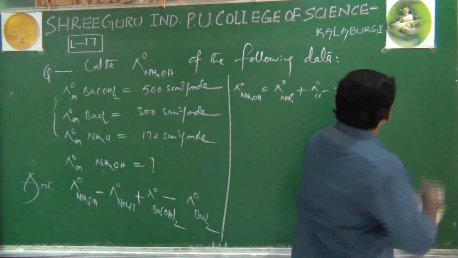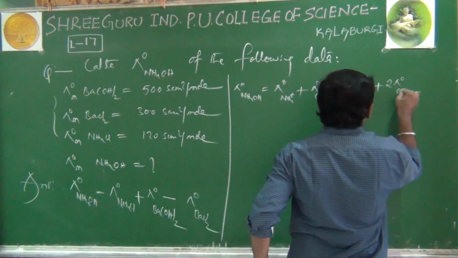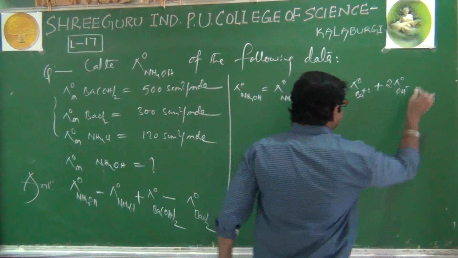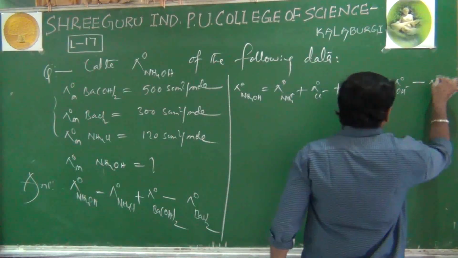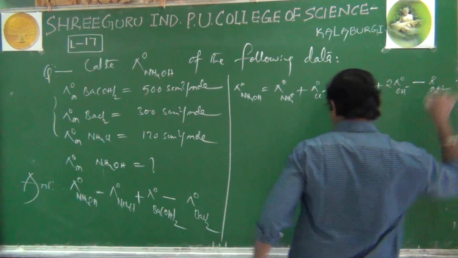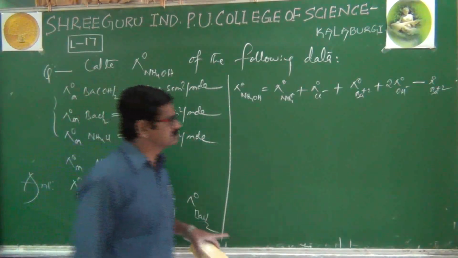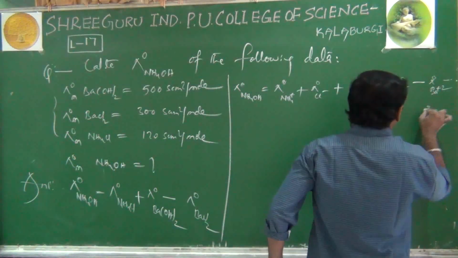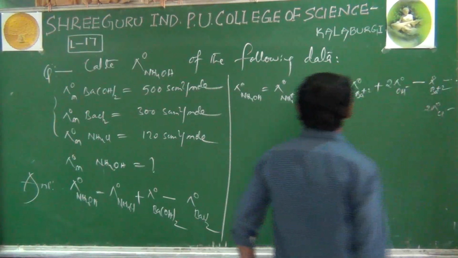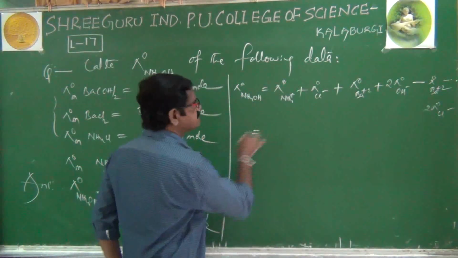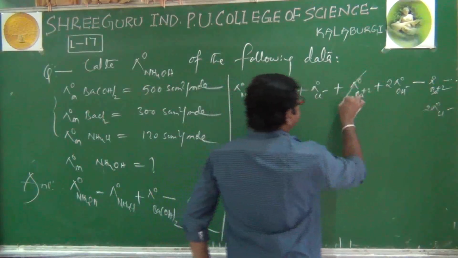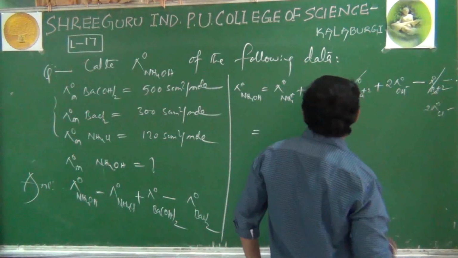Therefore, we write 2 into lambda naught OH minus, again minus lambda naught Ba 2 plus. How does it split? Ba 2 plus and 2 Cl minus. Therefore, minus 2 into lambda naught Cl minus. Here the similar terms will just cancel, that is, Ba 2 plus minus Ba 2 plus.